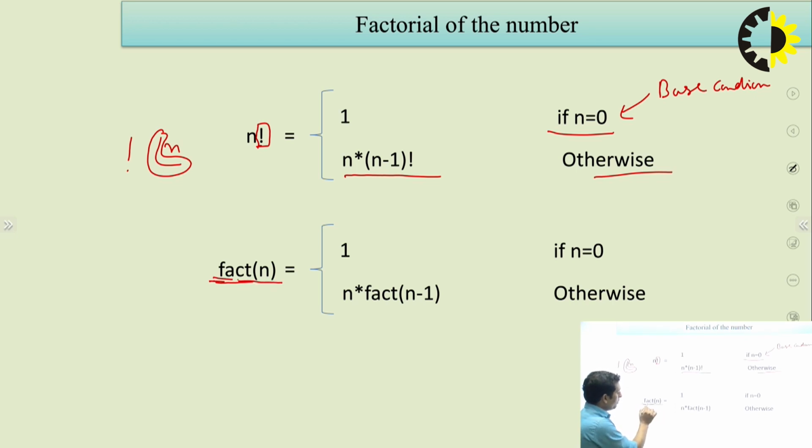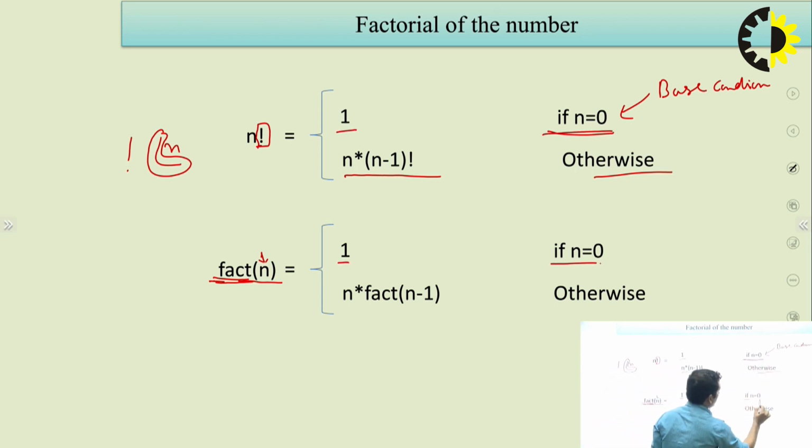So, fact is the name of the function and n is the parameter which we are passing. This is 1 if n equals 0, which is the base condition. Otherwise n into fact of n minus 1.